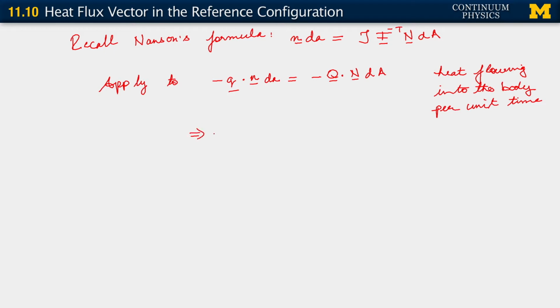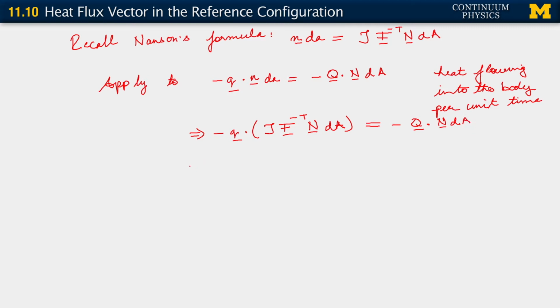So we get minus q dotted with J F inverse transpose N dA equals minus capital Q dot N dA.